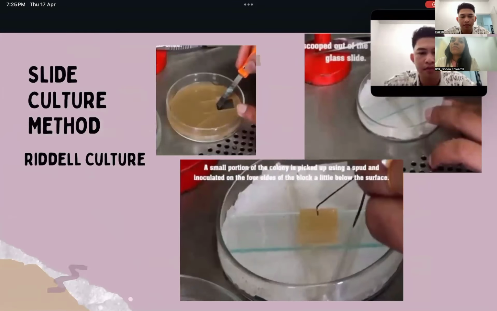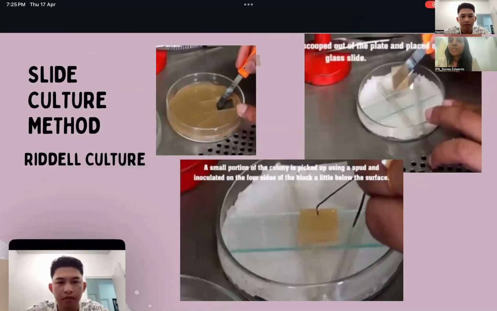And then next, we will be talking about the slide culture method for the riddle culture. So for the riddle culture, what you use is the SDA agar. So you basically cut from your SDA agar a cube size, which is around 1 cm cube. And then after that, you place it into a petri dish. In the petri dish, there will be a V-shaped glass rod with a slide on top of the glass rod.